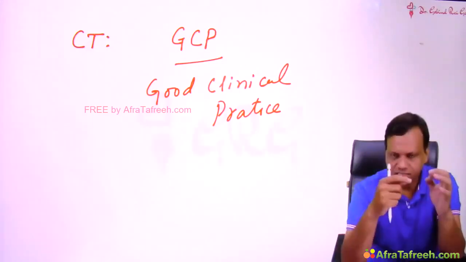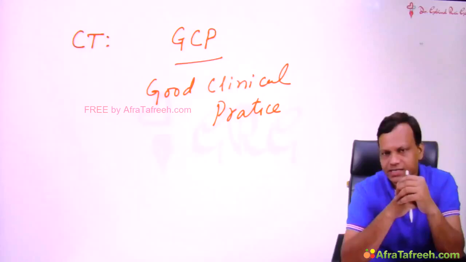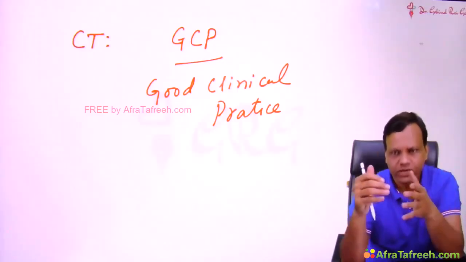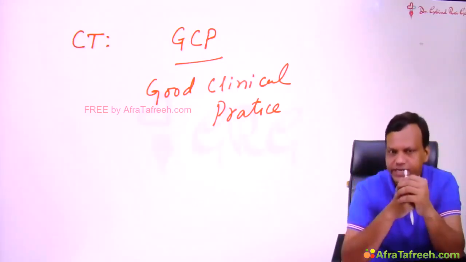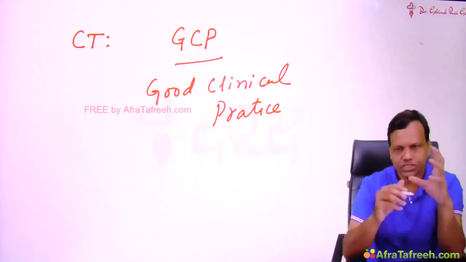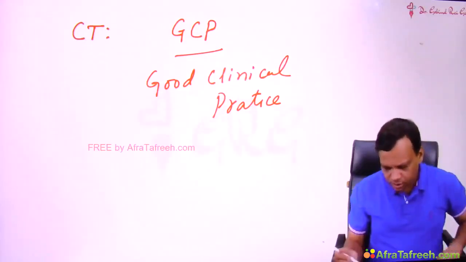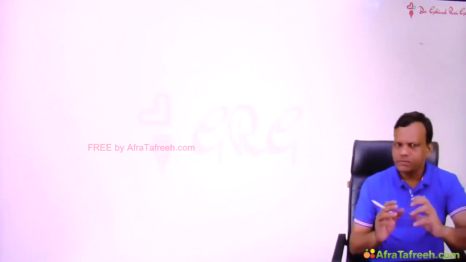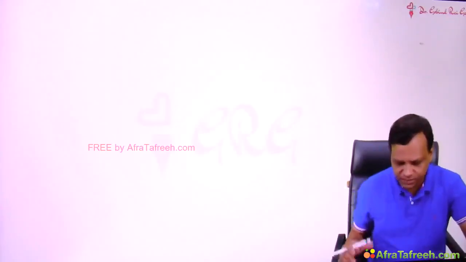If the studies are done according to GCP guidelines, they are good quality studies. They have high chances of getting approved because the data generated is credible. So these are the authorities which see the ethical issues.